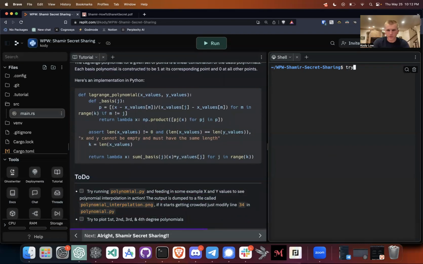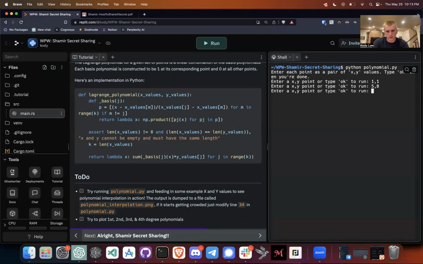So let's do this as an example: I do python polynomial.py. Right, and so I'm just going to write a couple points, and then it's going to draw a line that intersects all those points, right? So I can do 1, 1, 5, 8, 8, 20.